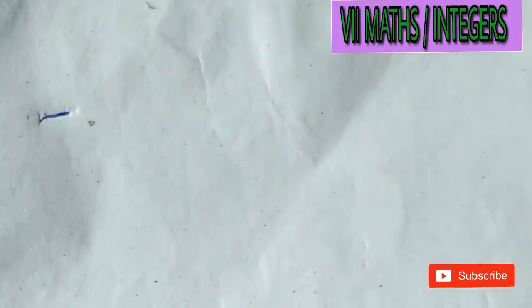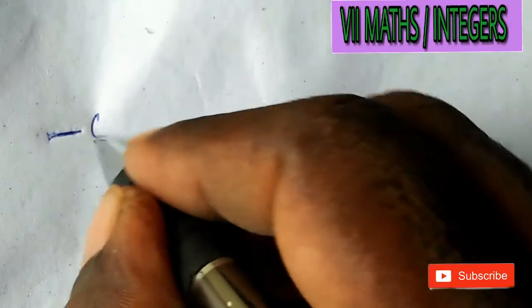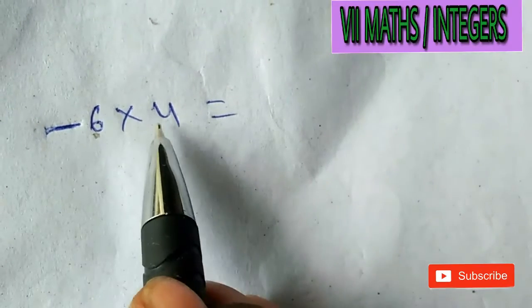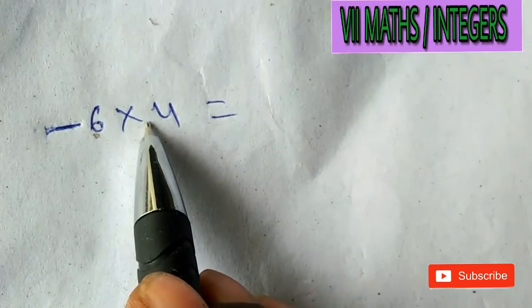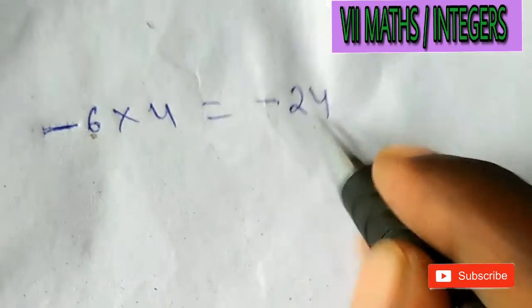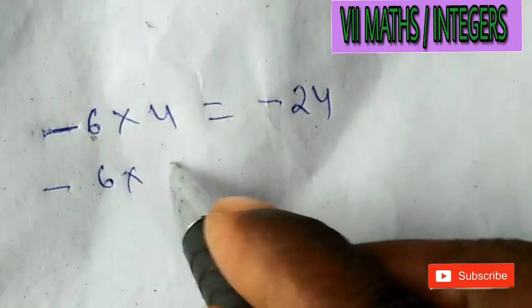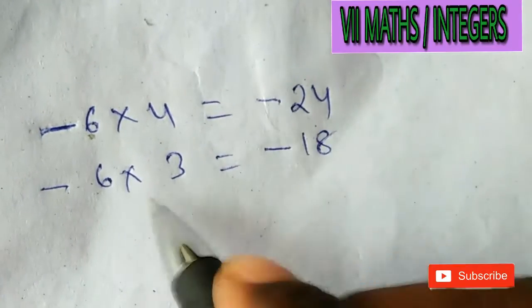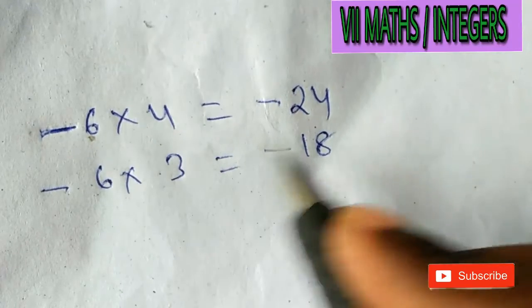Let's take an example first. Suppose minus 6 into 4. Minus into plus is minus, so it is minus 24. Minus 6 into 3 is minus 18, minus into plus is a minus number.